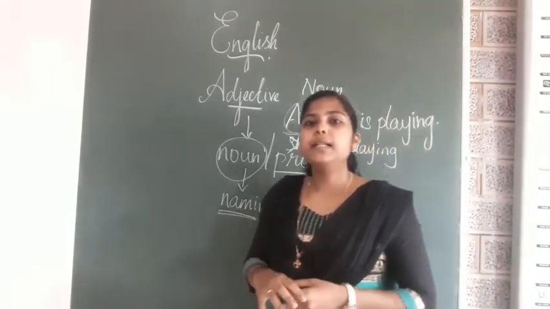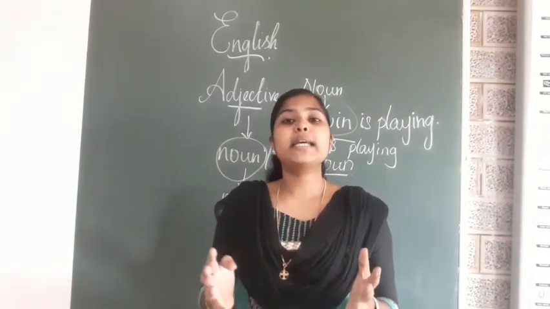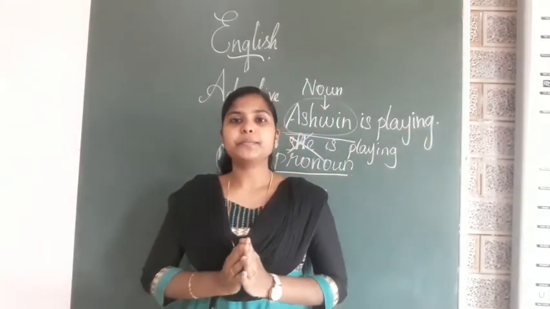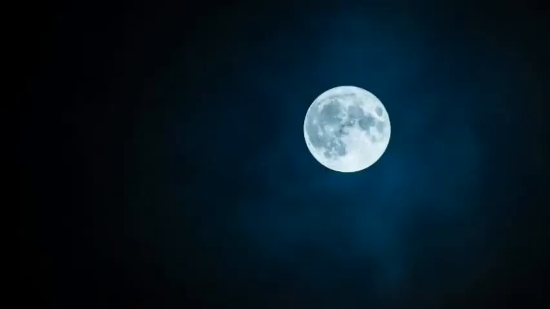For example, we all have seen the moon, isn't it? Now, we are going to describe the moon. How does it look? It is white in color. What is the shape of the moon? It is circular in shape.